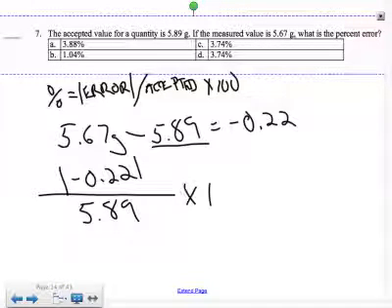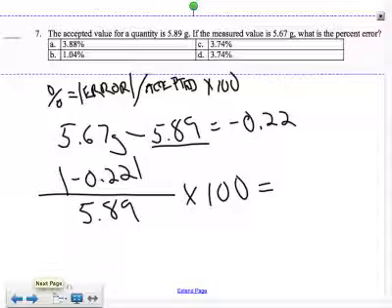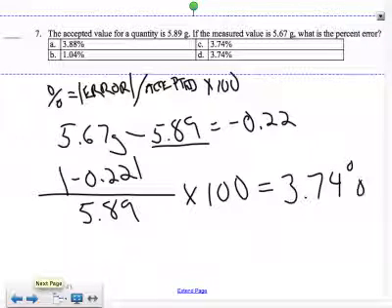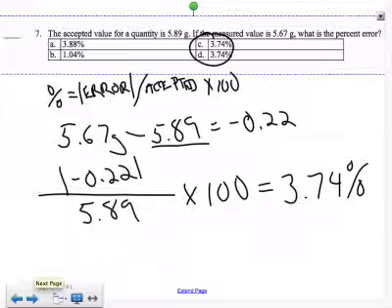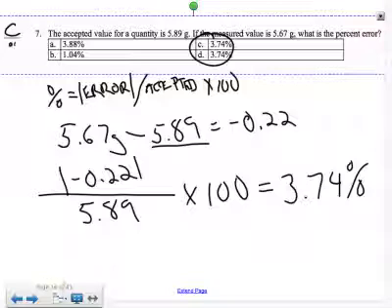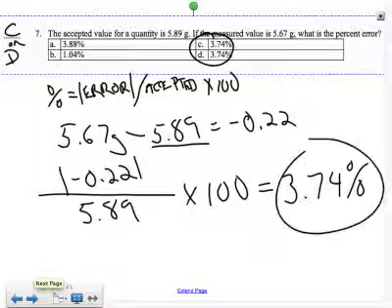We multiply that by 100, and it comes out to 3.74%. It actually comes out to 3.738 or 9, and so on. In this case, there was just a typo on the practice test, so you could have answered either C or D, and you would have been correct, 3.74%.